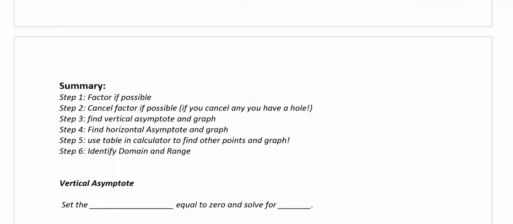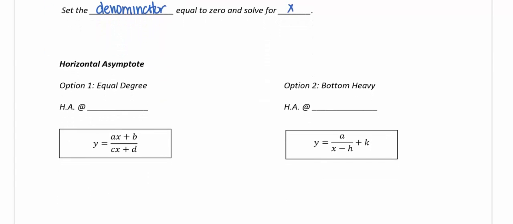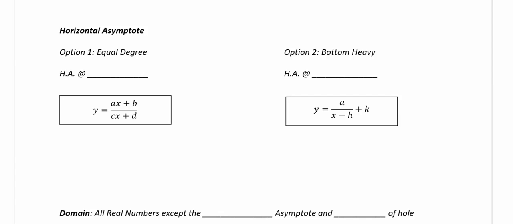Okay, so let's do a quick summary so you have all this really important information in one spot. So here are all the steps to help you graph, so make sure you read through those. To find your vertical asymptote, you need to set the denominator equal to 0 and solve for x. For your horizontal asymptote, you have two different situations.